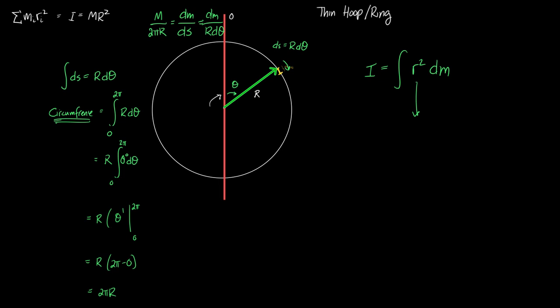So I will replace r squared with R squared, but this one represents the radius. I'm going to replace dm with whatever our solution is here. I'm going to use the theta version because that's what our pointer is based on. So dm equals m over 2 pi r d theta.